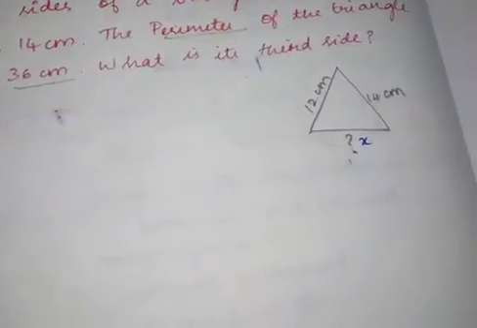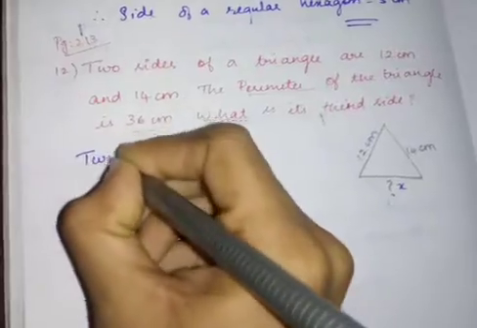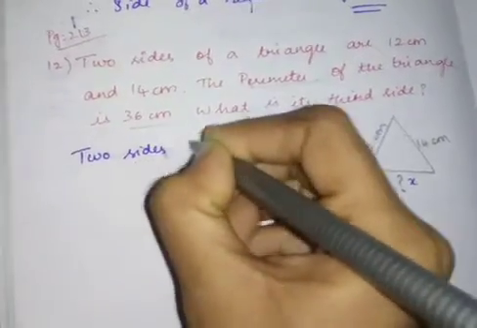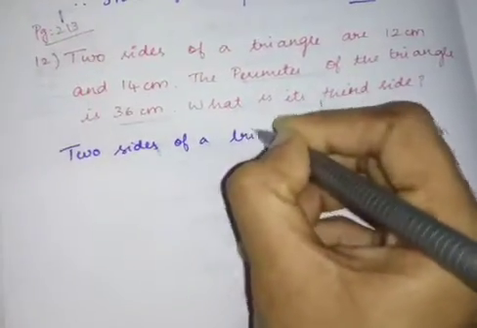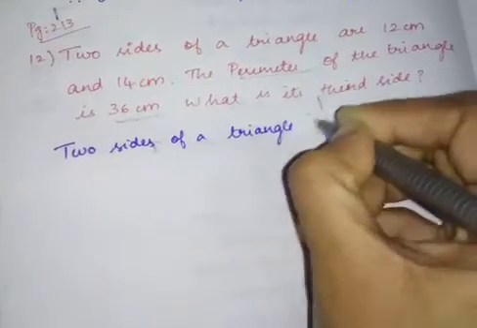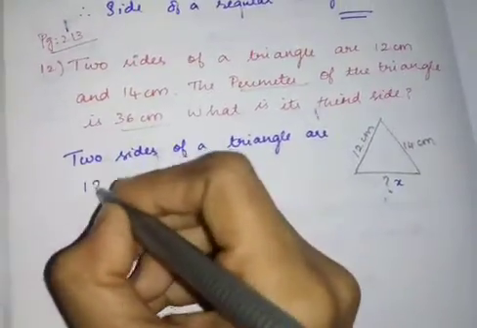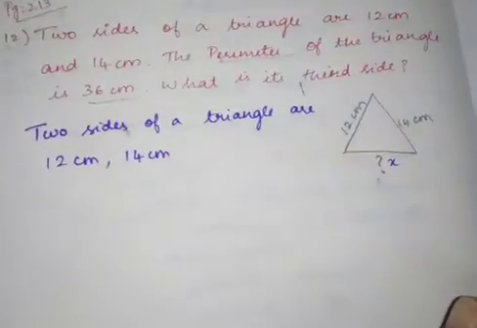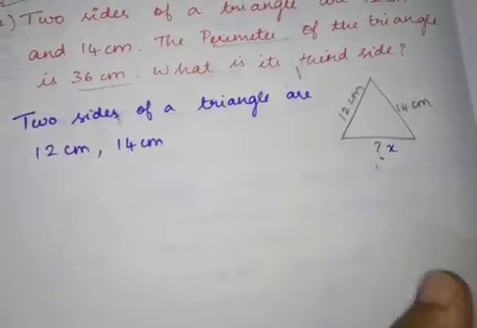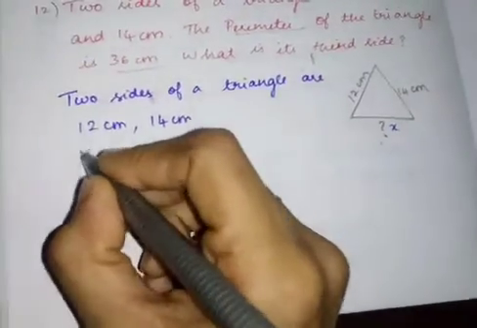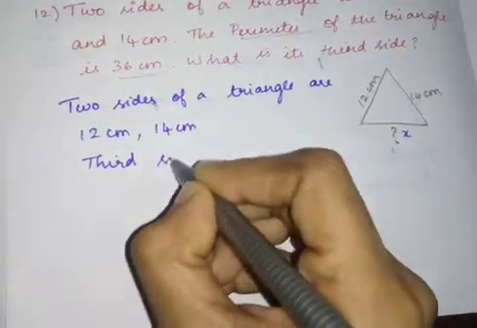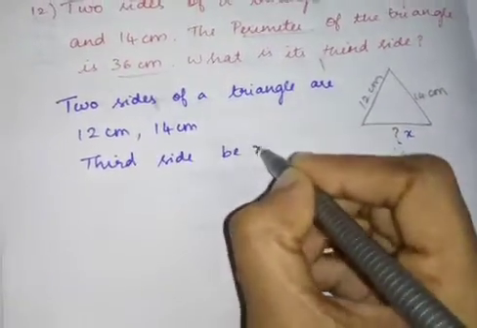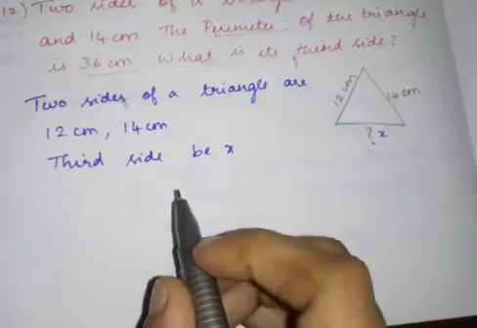Two sides of a triangle are 12 centimeter, 14 centimeter. Third side be x. This third side is x centimeter.